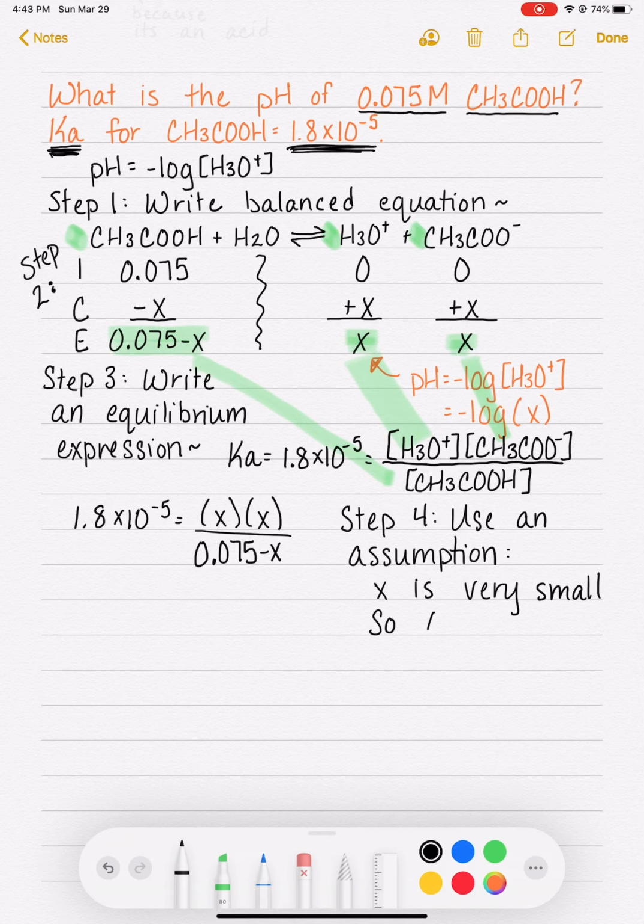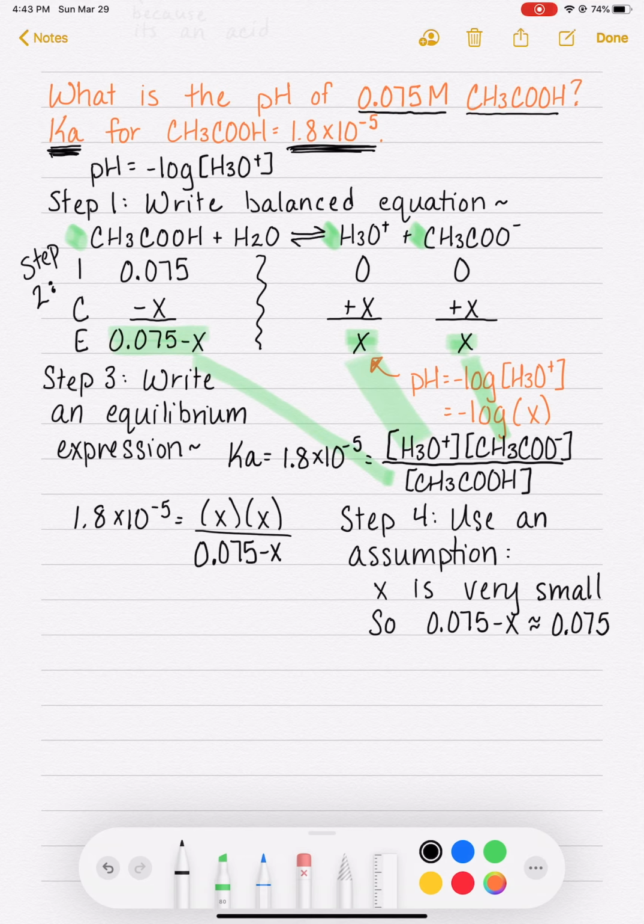So when we subtract X from 0.075, and round it back to the correct number of significant figures, we're just going to end up with 0.075. X is such a small number that when we subtract it from 0.075, it doesn't change the value at all.